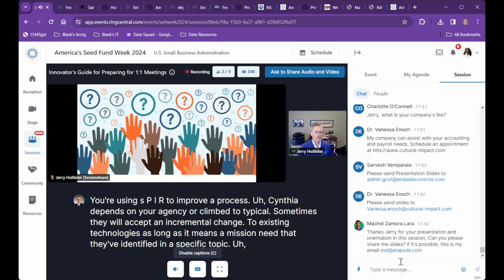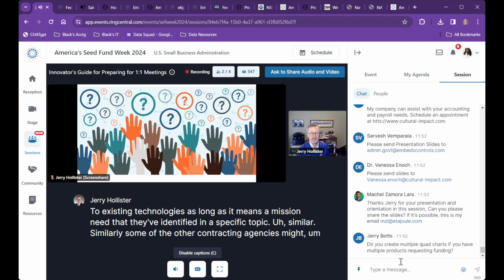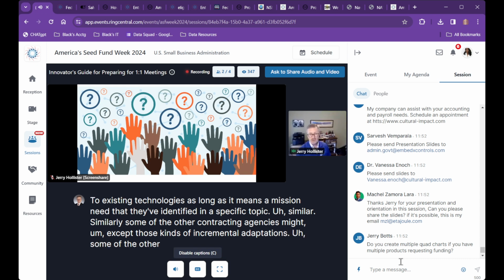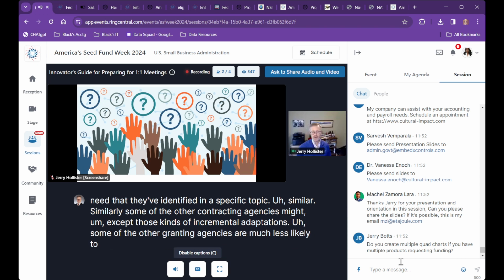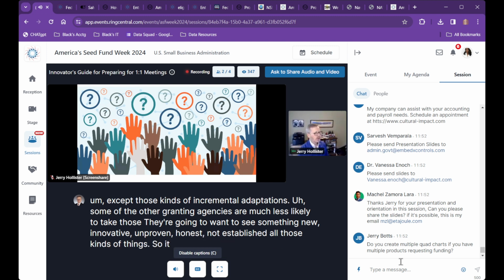Similarly, some of the other contracting agencies might accept those kinds of incremental adaptations. Some of the other granting agencies are much less likely to take those. They're going to want to see something new, innovative, unproven, not established, all those kinds of things. So it depends on your agency.